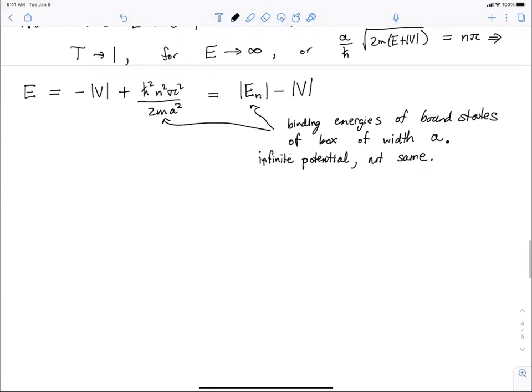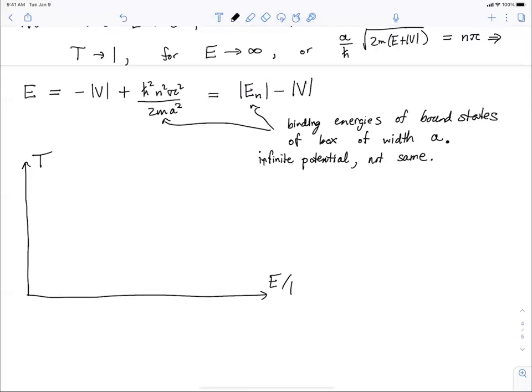Okay, so once again, we can draw a picture of the transmission coefficient as a function of the energy normalized to the potential well depth. And so here's 1 and 2, etc. Once again, for very small energies, the transmission coefficient is 0.